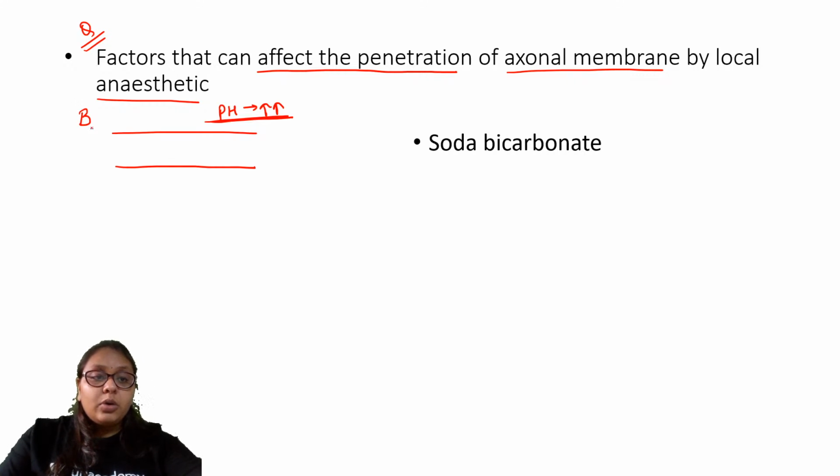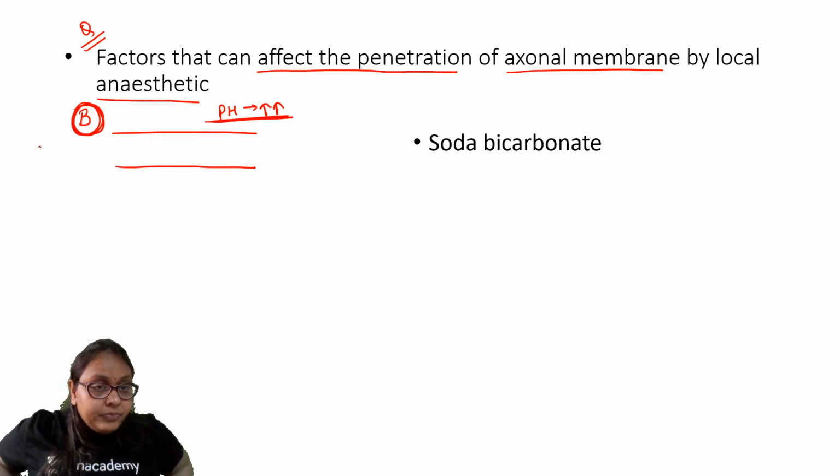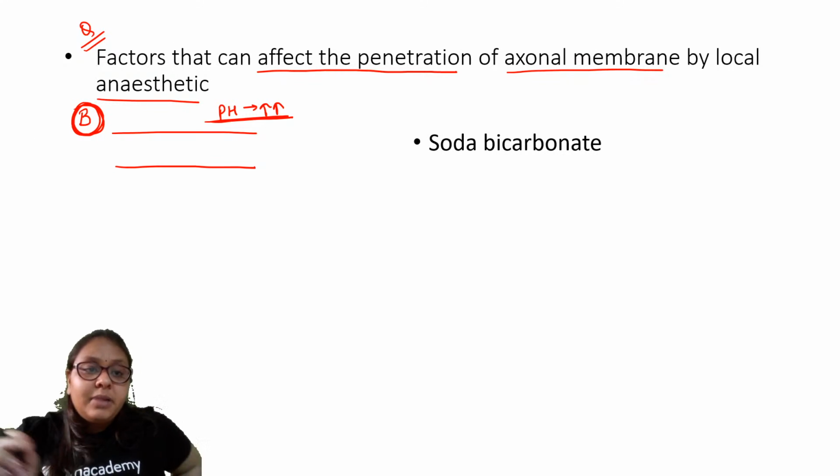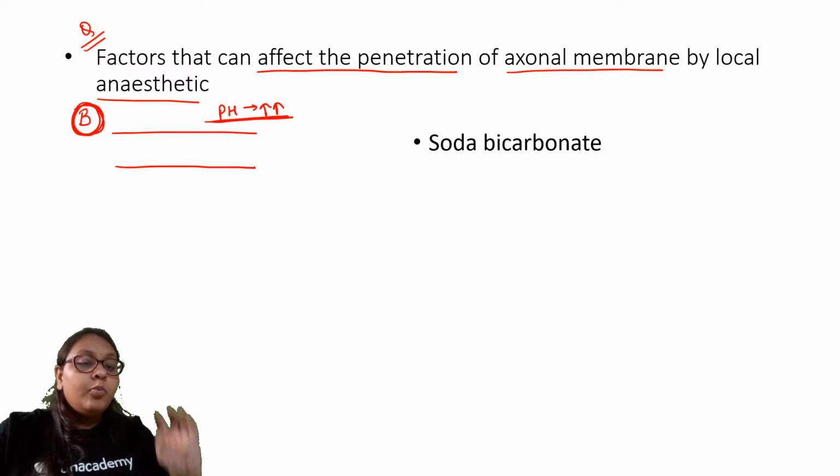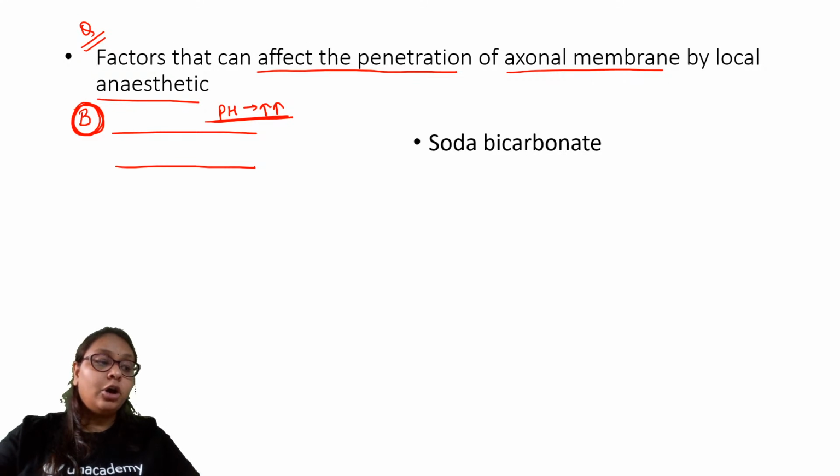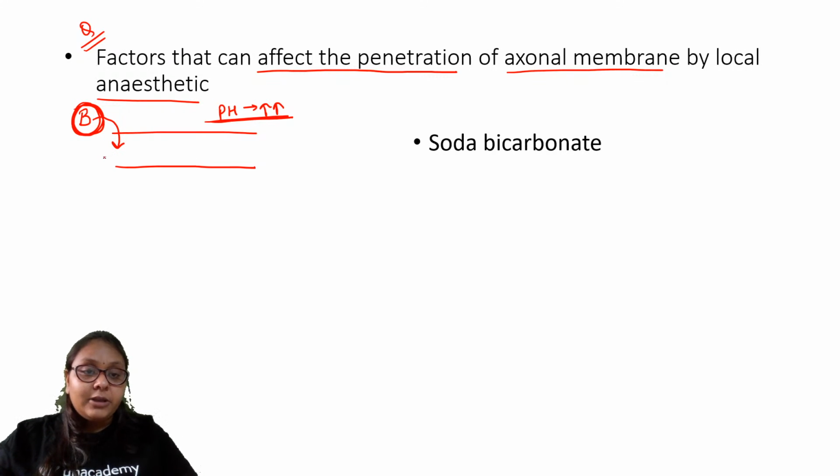More of the local anesthetic will be present in the non-ionized form. If I increase the pH of the outside environment, more will be present in the non-ionized form, and more easily it will penetrate the membrane. Okay? So how is it done?